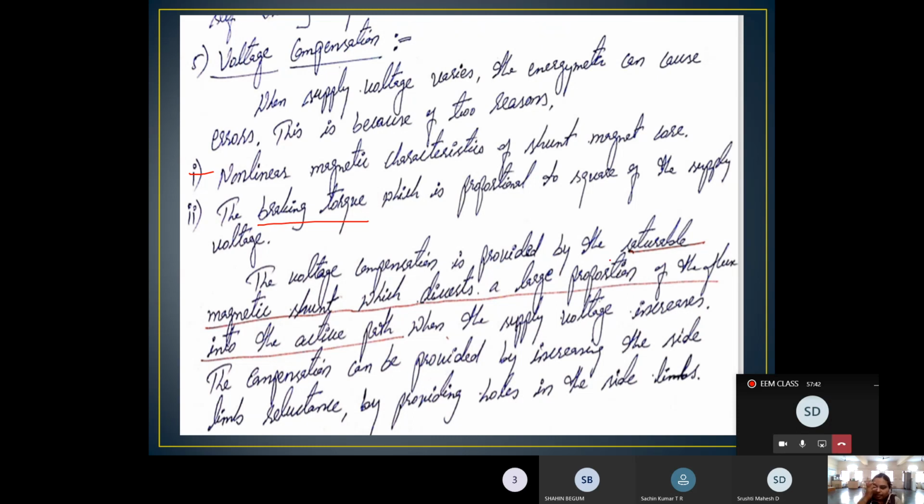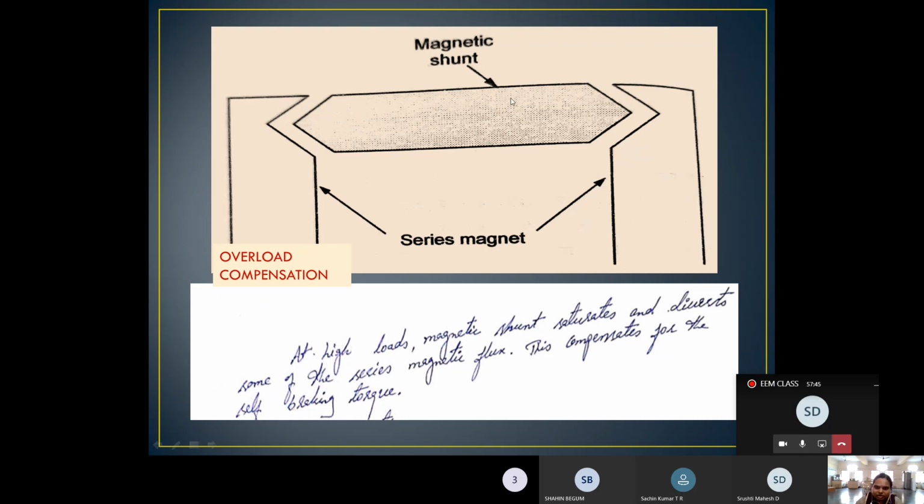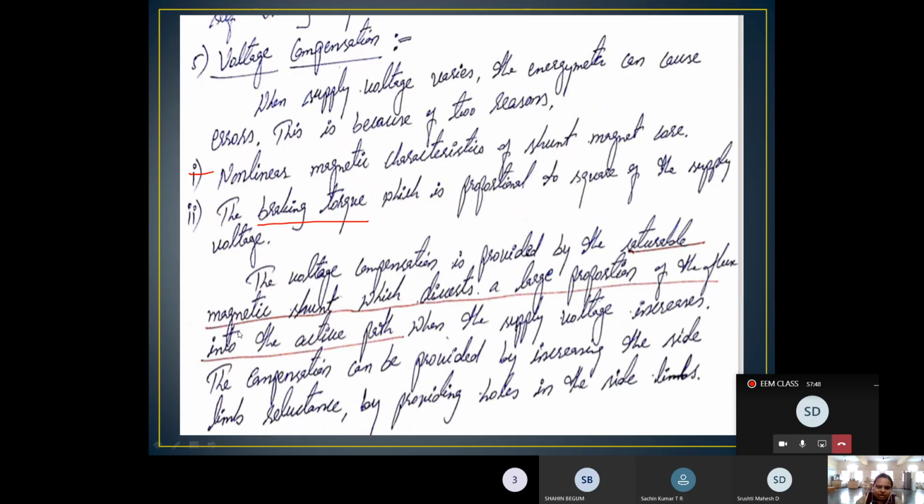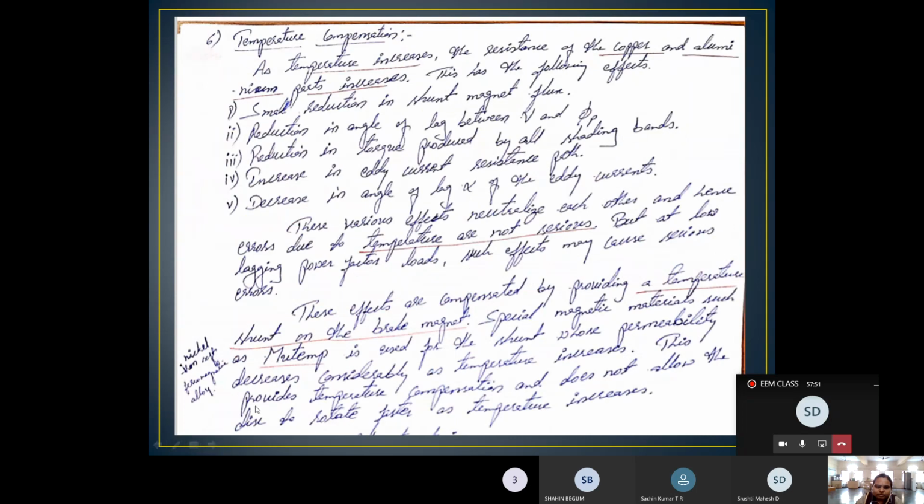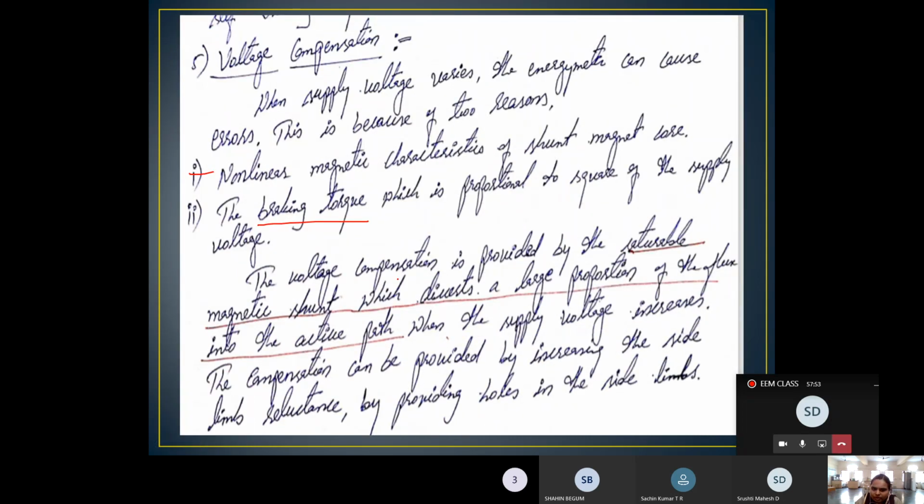This is the same construction we learnt earlier. The compensation can be provided by increasing the reluctance of the side limb by providing holes in the side limbs. The same adjustment is used so that we can compensate for the voltage. This is the fifth one.